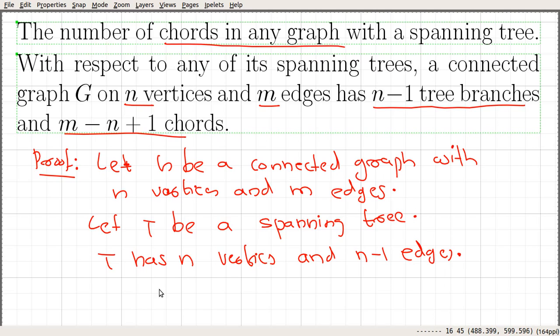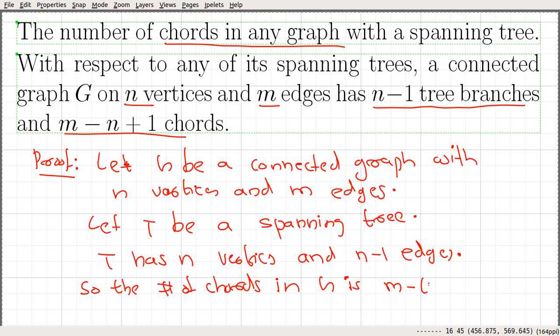And so the number of chords is the remaining edges in that graph, after subtracting this n minus 1 from the number of edges. So the number of chords in G is equal to m minus the number of branch edges.